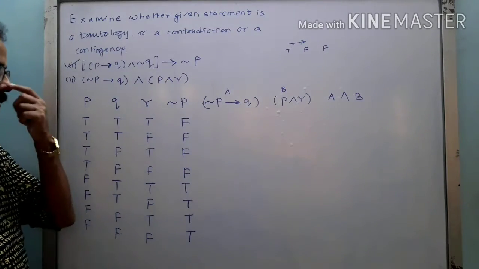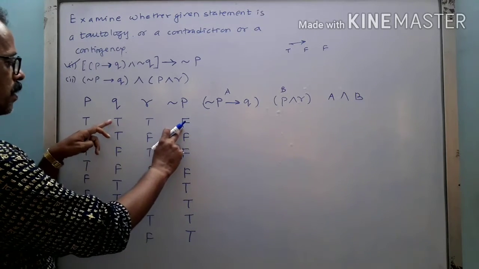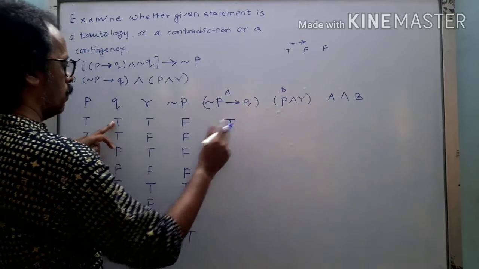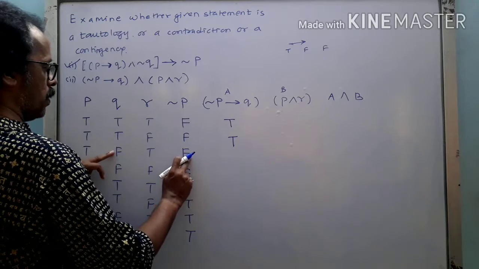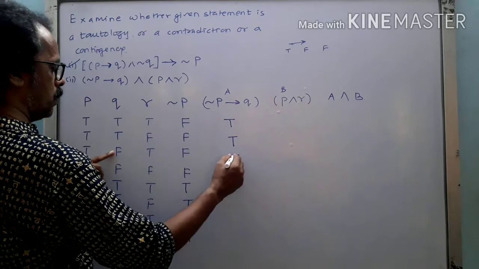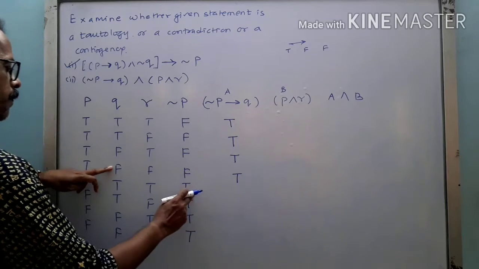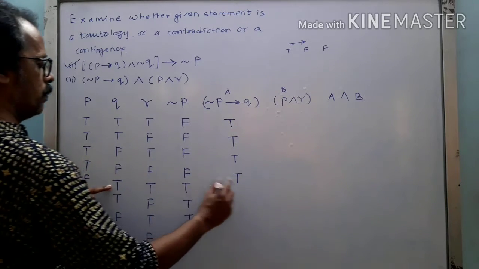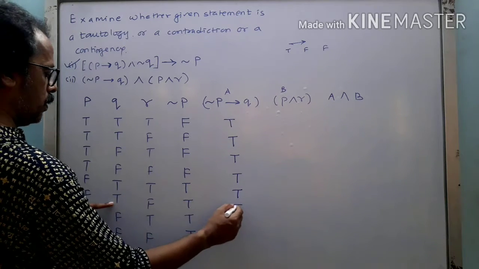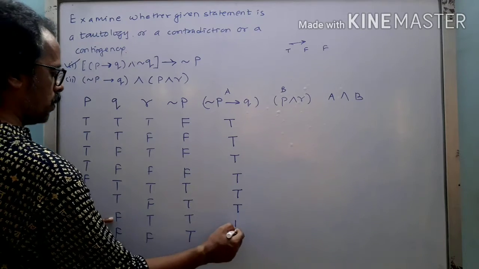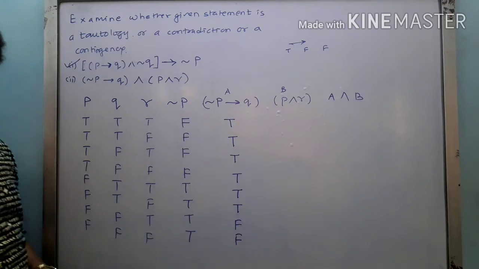So false implies true, it is true; false implies true, true; false implies false, true; false implies false, true. Then true implies true, true; true implies true, true; true implies false, false; true implies false, false.